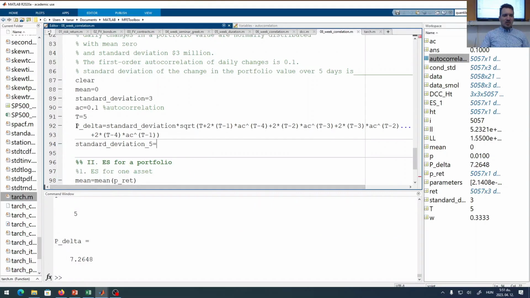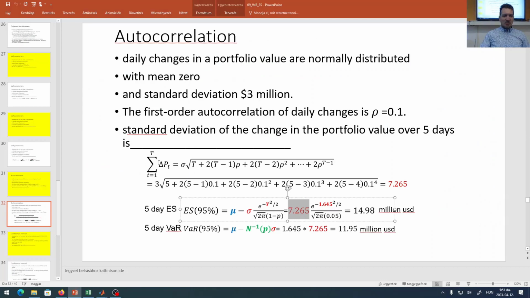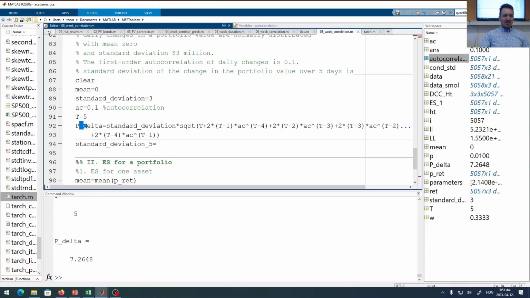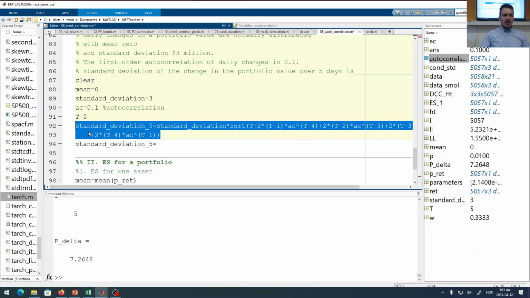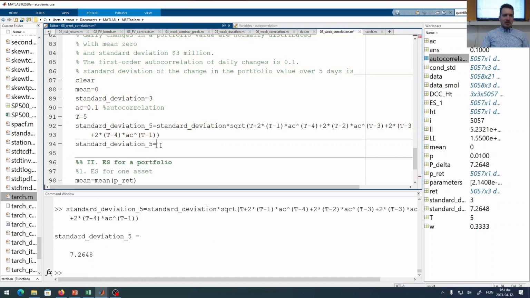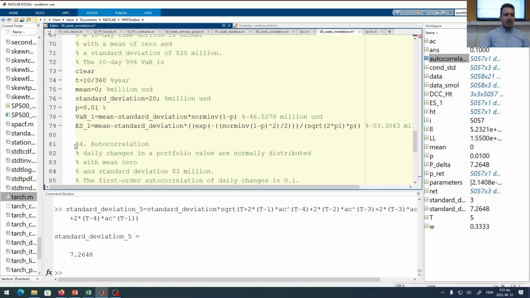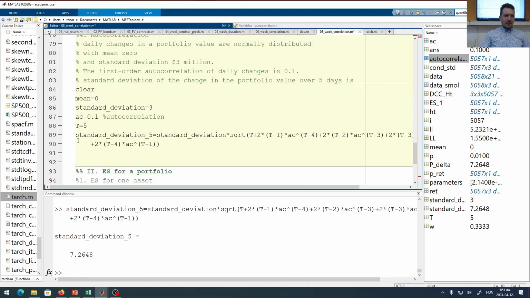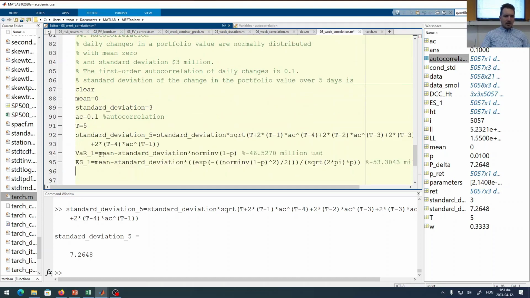This is really ugly. And then we just have to fit the VaR and ES on the data.